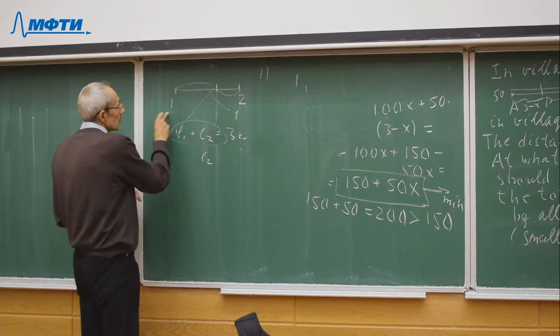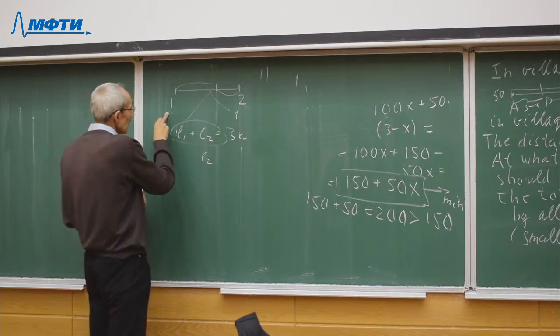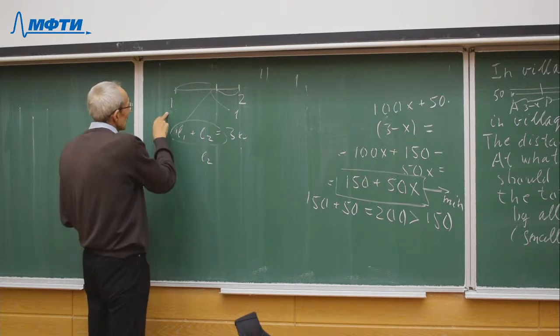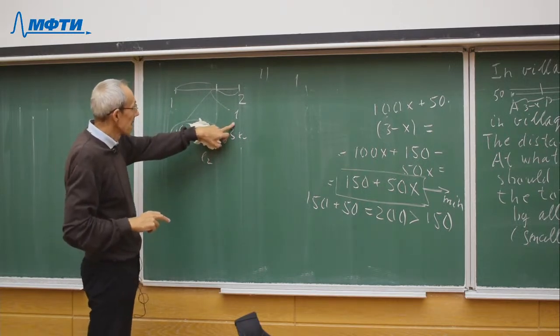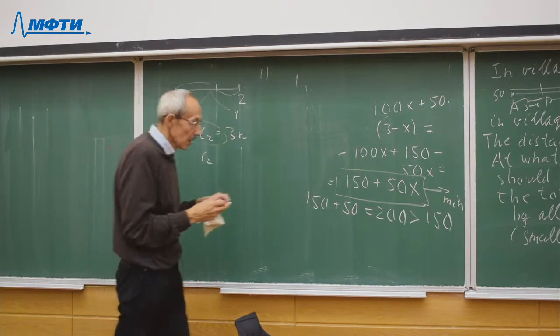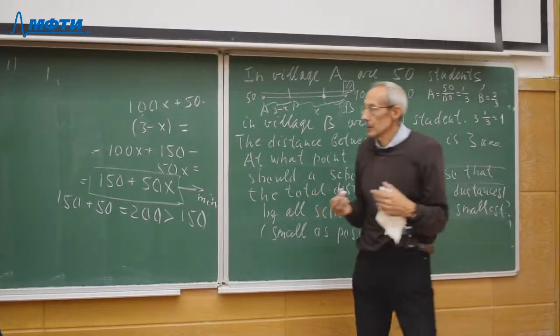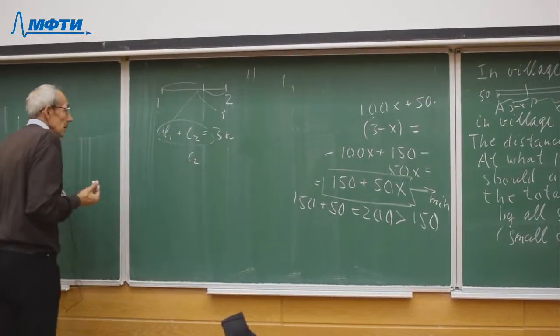We can choose equal numbers of students from the first village and from the second village, and the sum of these distances is also constant.